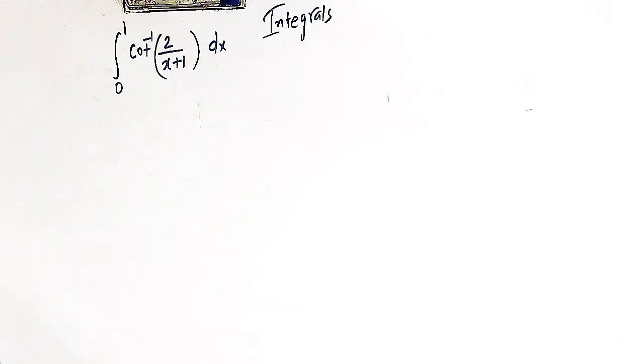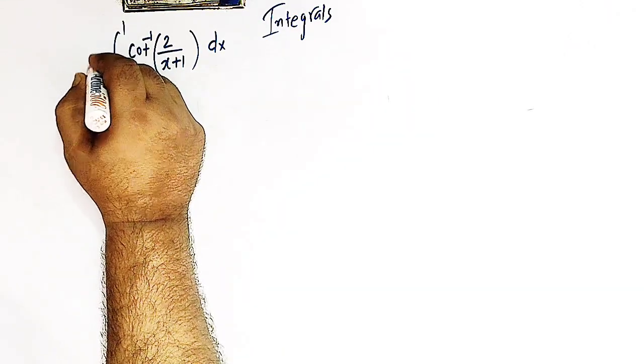So here we have to find out the value of this definite integral from 0 to 1. To evaluate this important integral, we'll make use of the method of integration by substitution, and then we'll apply the method of integration by parts. So let us start.